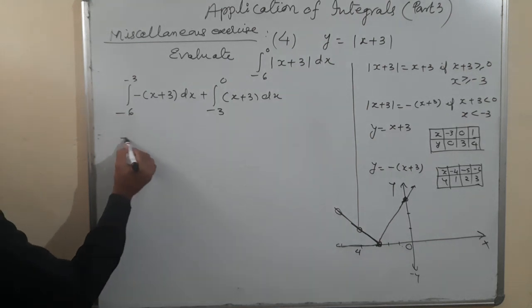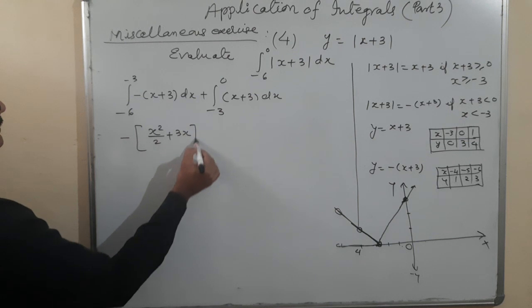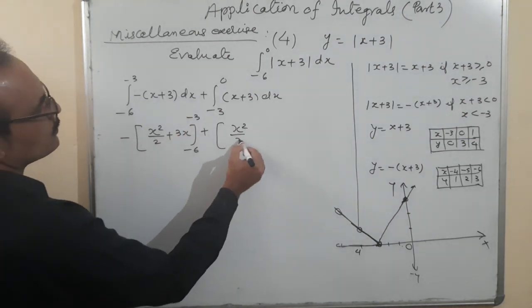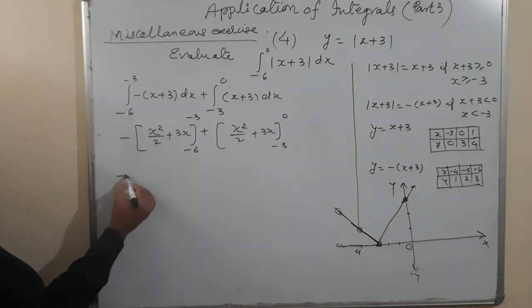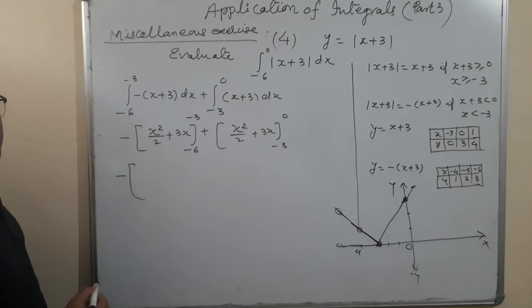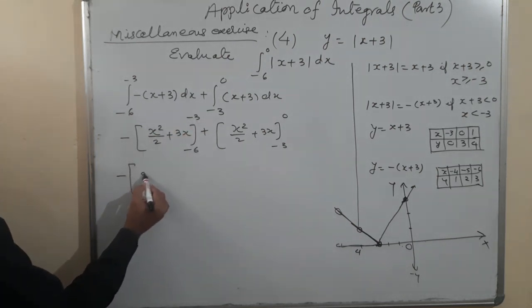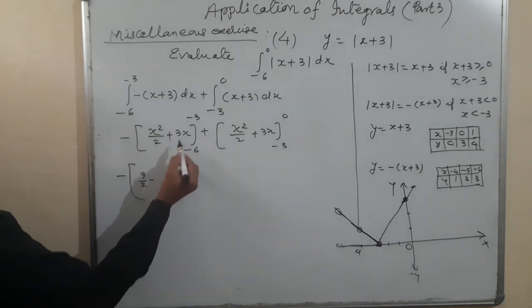So minus sign is out: x square upon 2 plus 3x from minus 6 to minus 3, plus x square upon 2 plus 3x from minus 3 to 0. Minus sign out. Here we put minus 3: 9 upon 2 and minus 9.